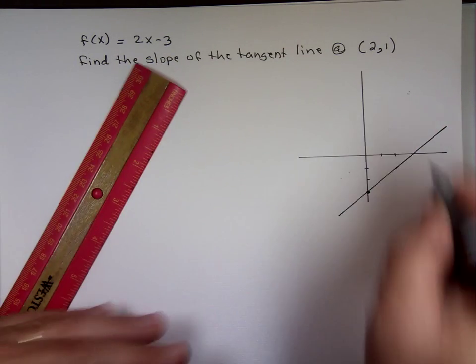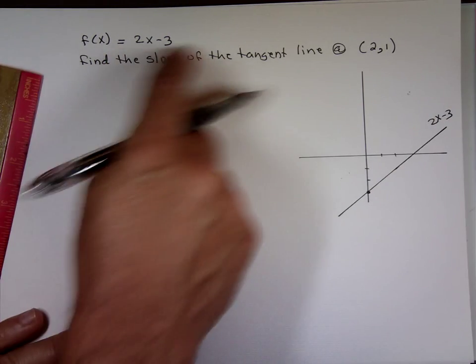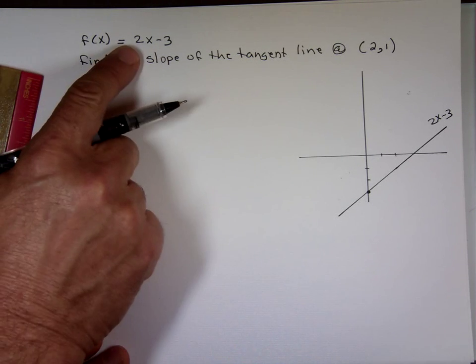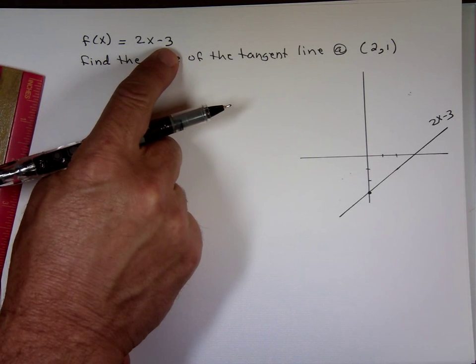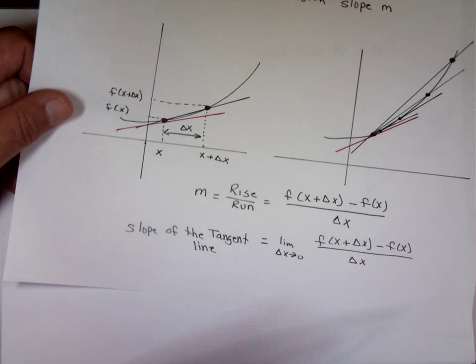This is 2x minus 3. What is the slope of this line just by looking at that equation, at any point on the line? Better be 2, because that's mx plus b. The slope is 2, the y-intercept is negative 3. But I'm going to use this equation to prove that the slope is going to be 2.